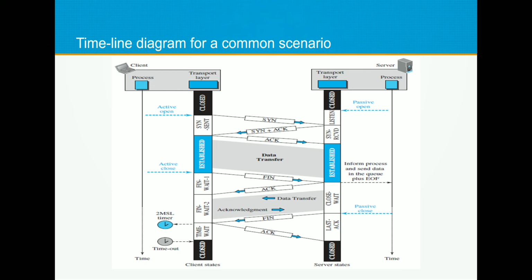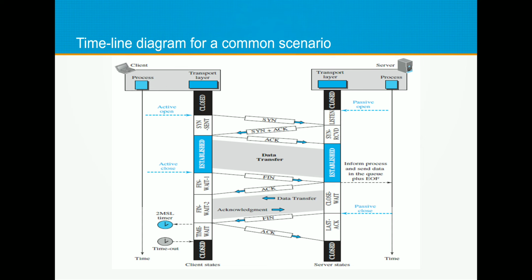After some point in time, when the server also wants to close the connection from its end, it sends a FIN request. At this point, the client moves into the time wait state, which is waiting for some 2 MSL time.